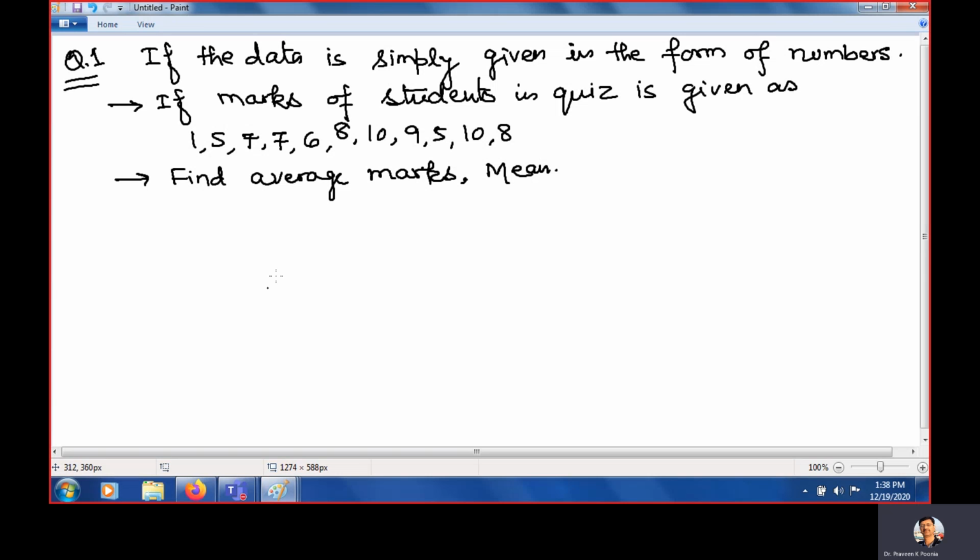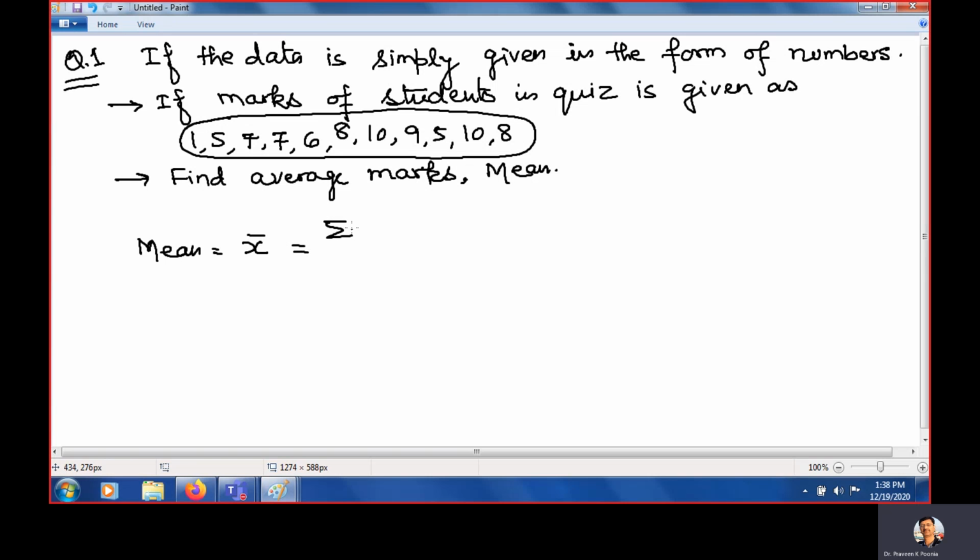Okay, so how are we going to do it? Because only simple numbers are given, remember, if simple numbers are given, then the mean or the average, whatever we call it, is given by sigma x upon n. What is sigma x?